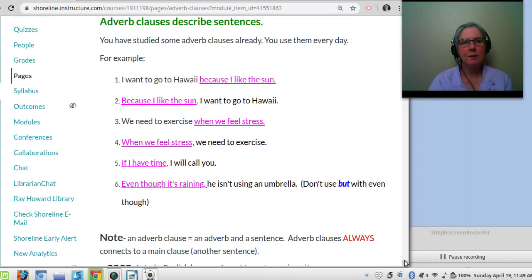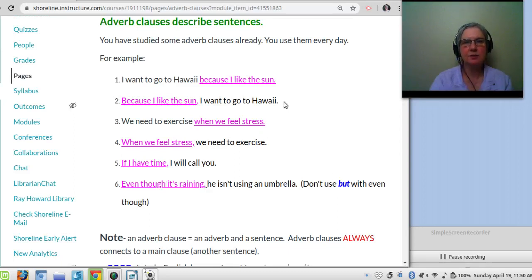Number four, when we feel stress, we need to exercise. Number five, if I have time, I will call you. Number six, even though it's raining, he isn't using an umbrella. So I put that little mark there to tell you, you never use but with even though.